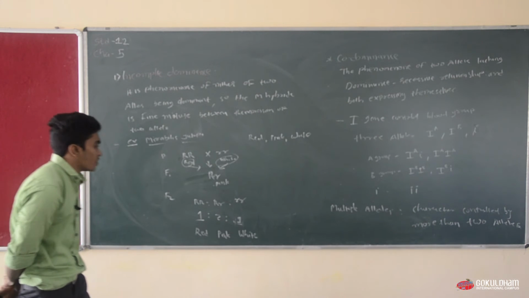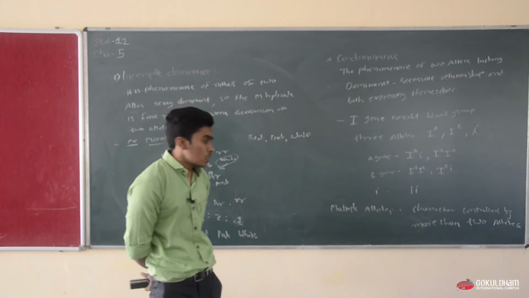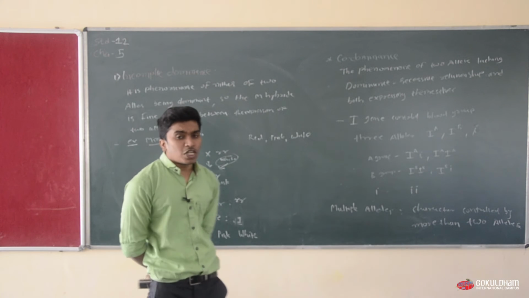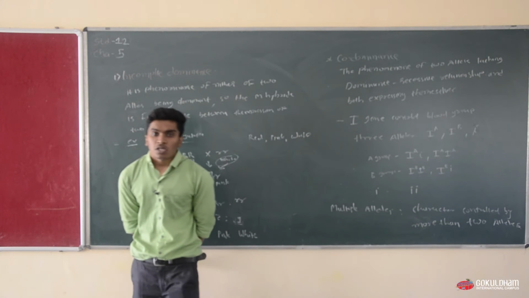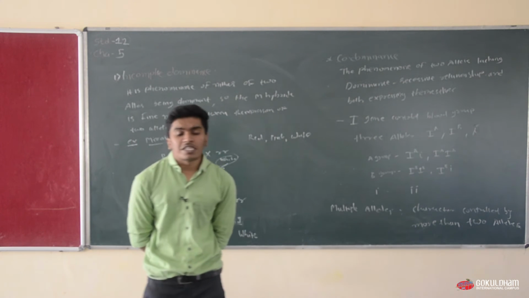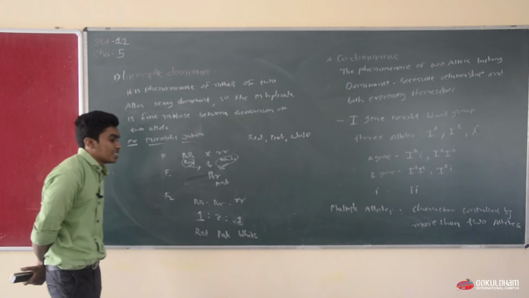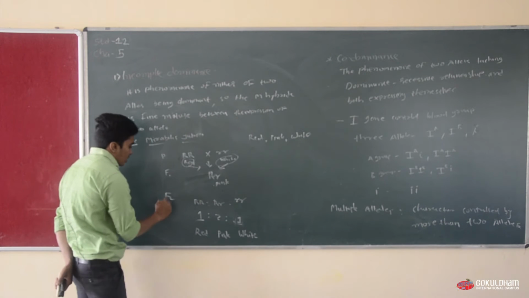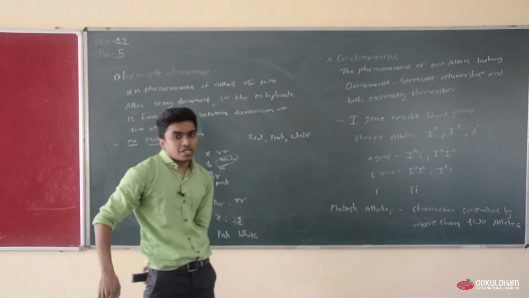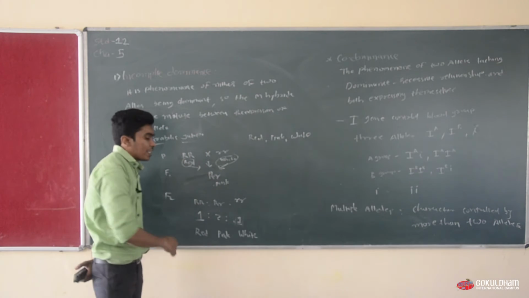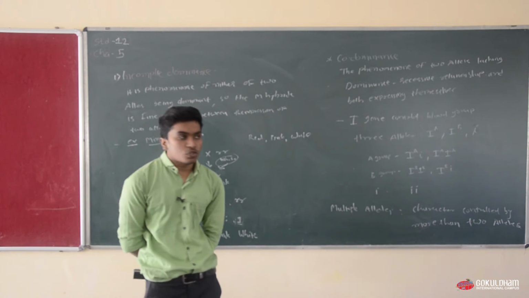So one important question can be asked in exam: what are the genotypic and phenotypic ratios in incomplete dominance? So the answer is 1:2:1 in both genotypic as well as phenotypic ratio.